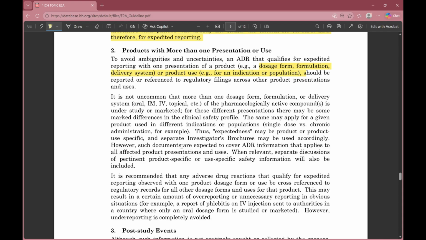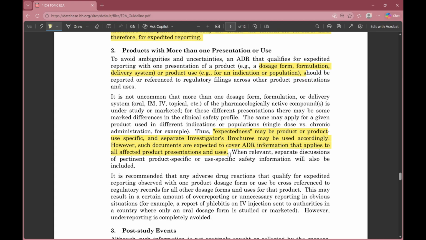Other than that, in this point it is also stated, expectedness. Expectedness is usually product or use specific, and different versions may have different expected ADRs, right? Let's say there's a topical formulation; it can have some cutaneous or topically related ADRs.